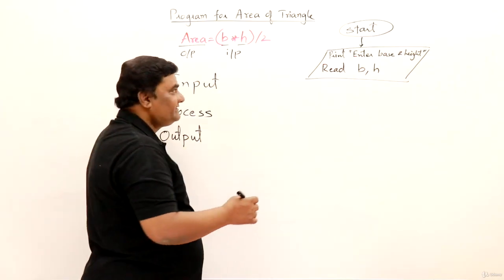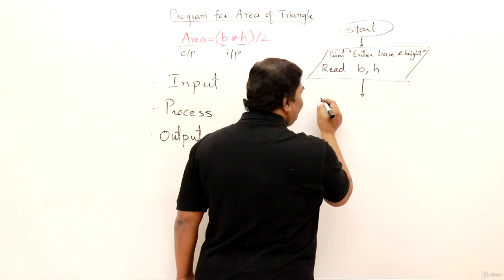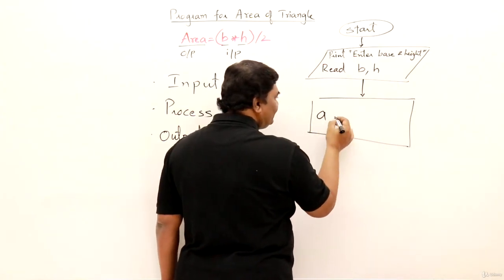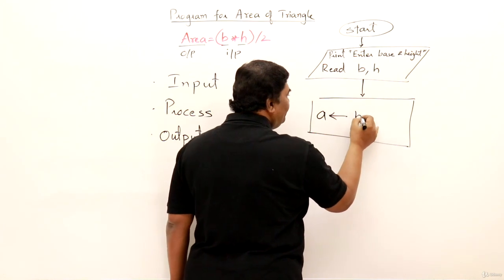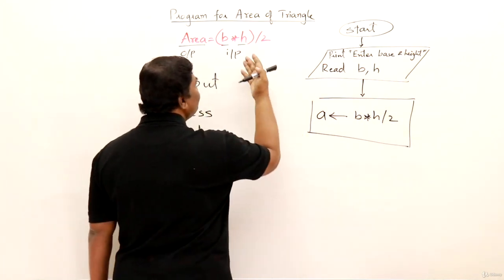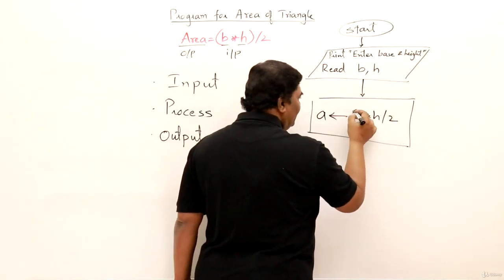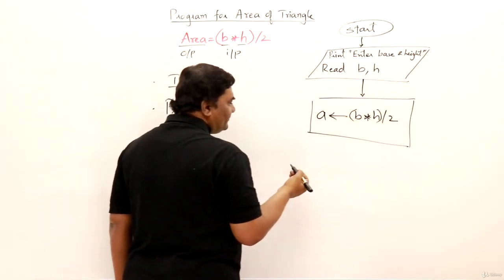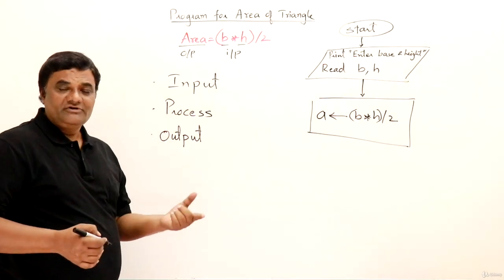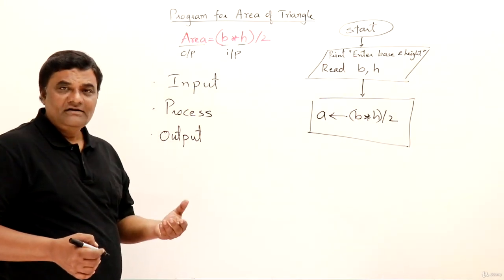Now next is process. What is the process? The formula. What is the formula? Area, I will call it A, is assigned base into height by 2. This is the formula. I can even write them in brackets also. Now the process is over. Next is output. I have to give you the result.